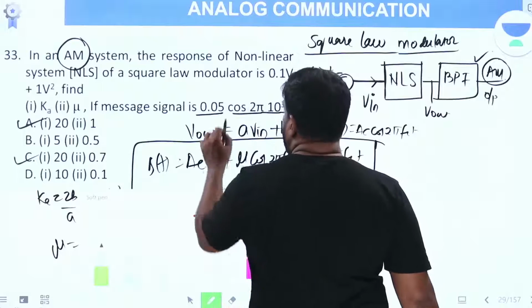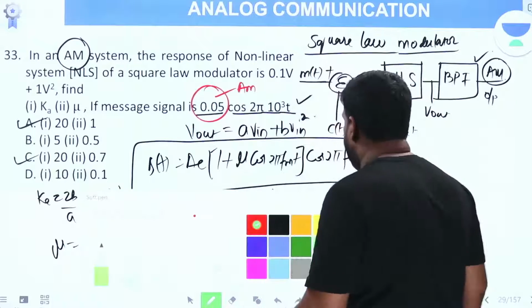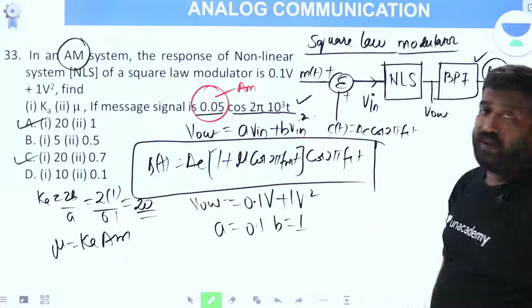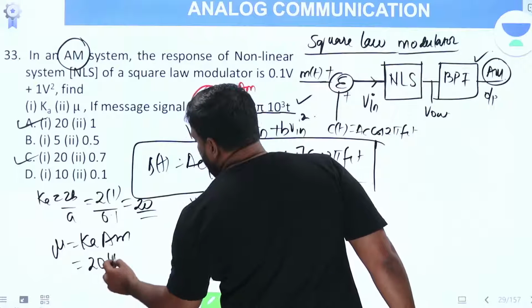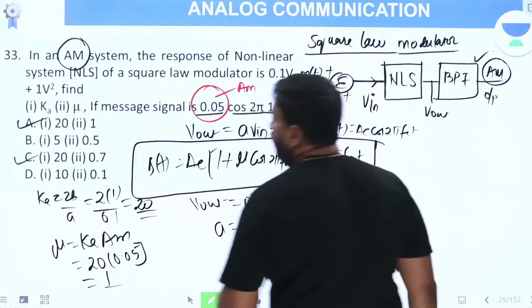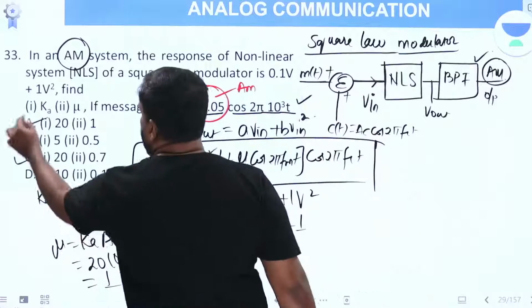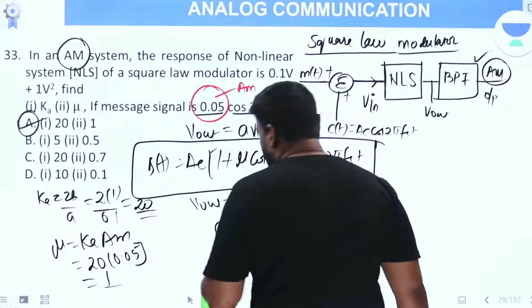From the given equation, Am is 0.05, the message signal peak amplitude. Ka you already got as 20. Multiply 20 into 0.05. Mu is 1. So 20 and 1, option A is the answer.